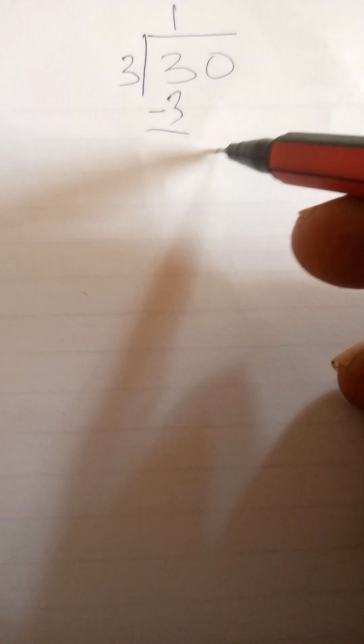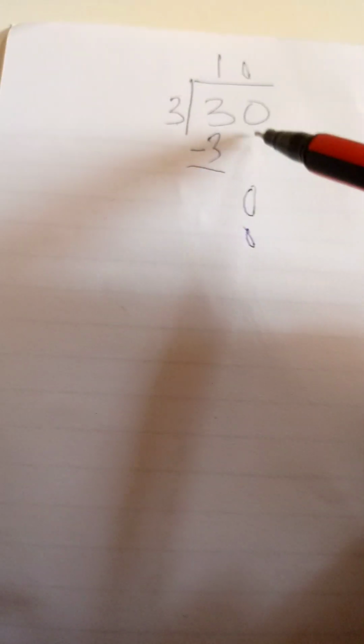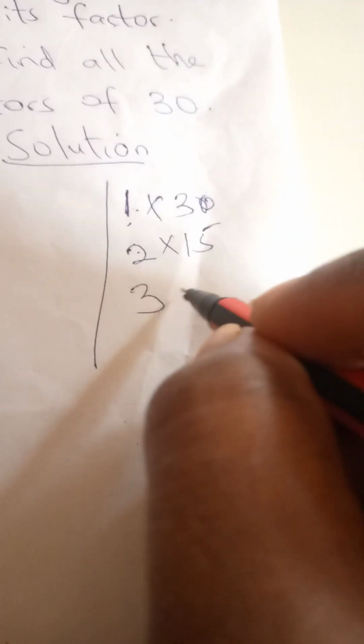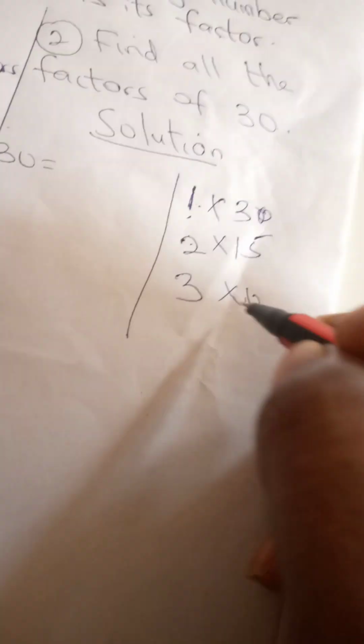And here we are, 3 in 3, 1, 3 times 1, 3. I'll bring my 0 down, 3 in 0, 0, 3 times 0, 0, meaning 3 can go in 30, 10 times. There is no remainder. So I'll write my answer here, 3 times 10.